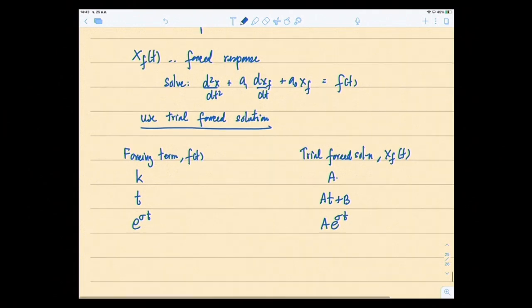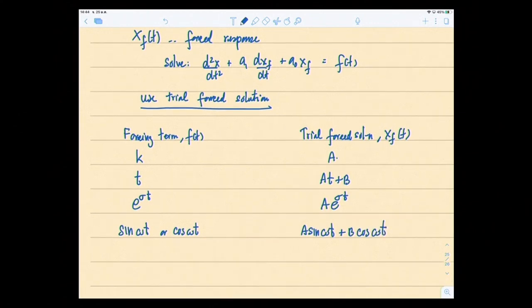If it consists of sine omega t or cos omega t, we try a sine omega t plus b cos omega t.